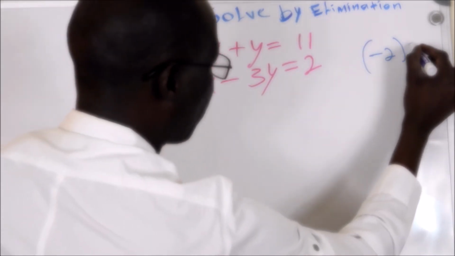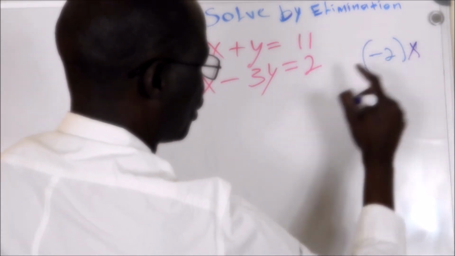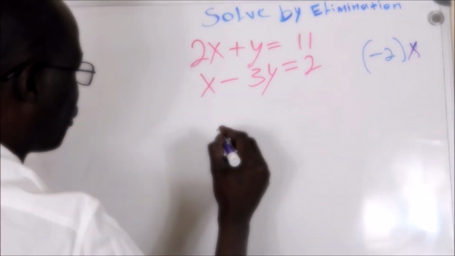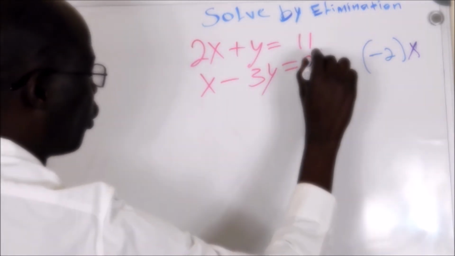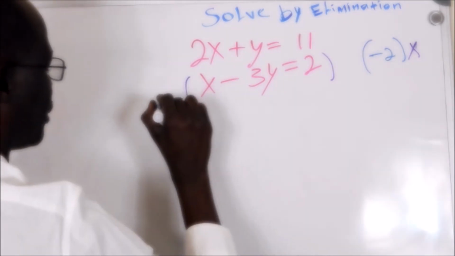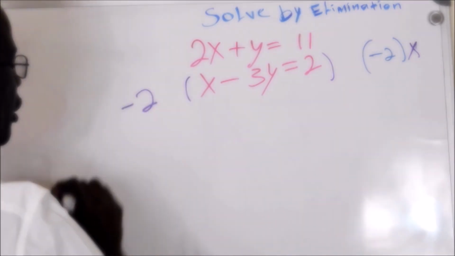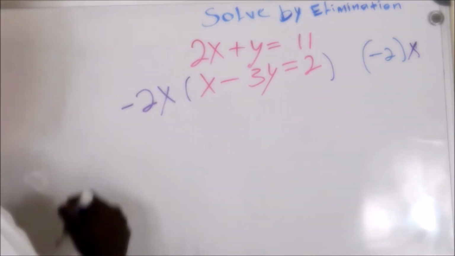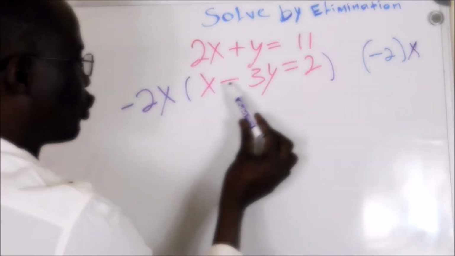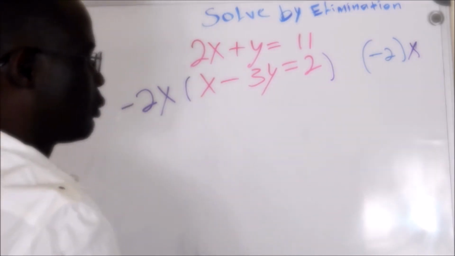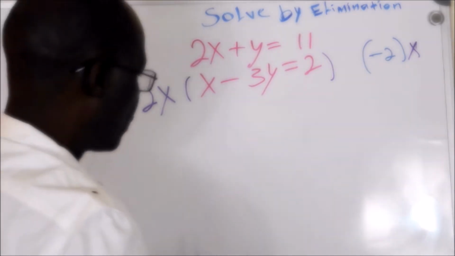If I multiply the equation by -2, the whole thing is going to be multiplied, not just the x. So let's see what we got.